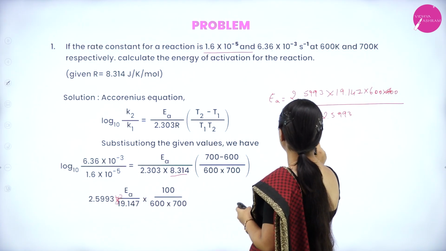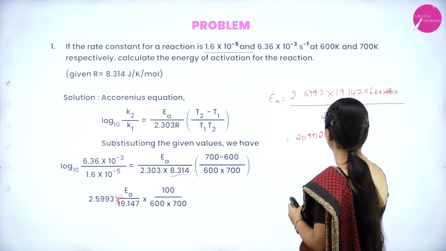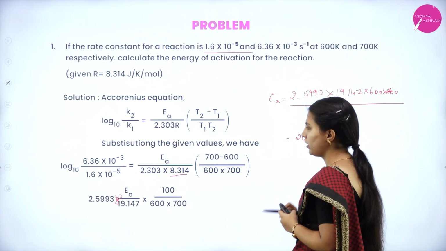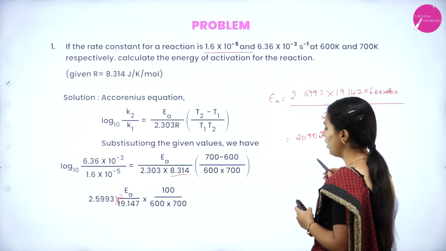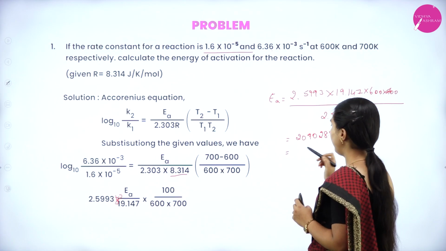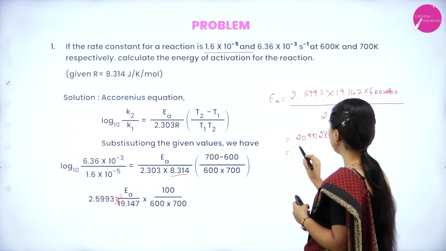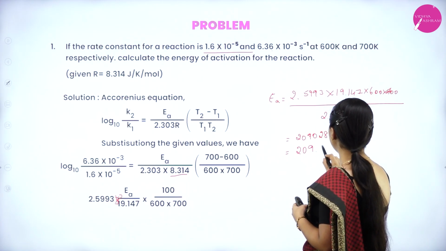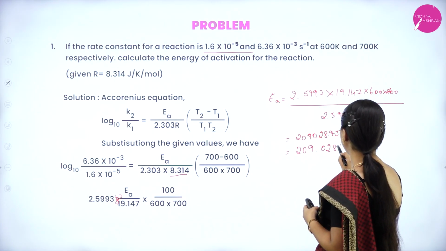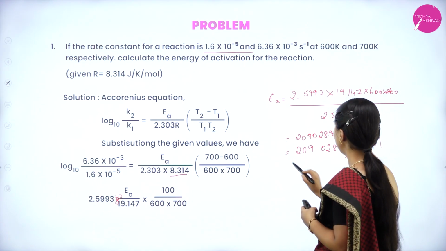The answer will be 209.028. Okay, the unit is joule per mole. We have to convert it into kilojoule per mole. So what will happen? 209.289 kilojoule per mole. This is the Ea.